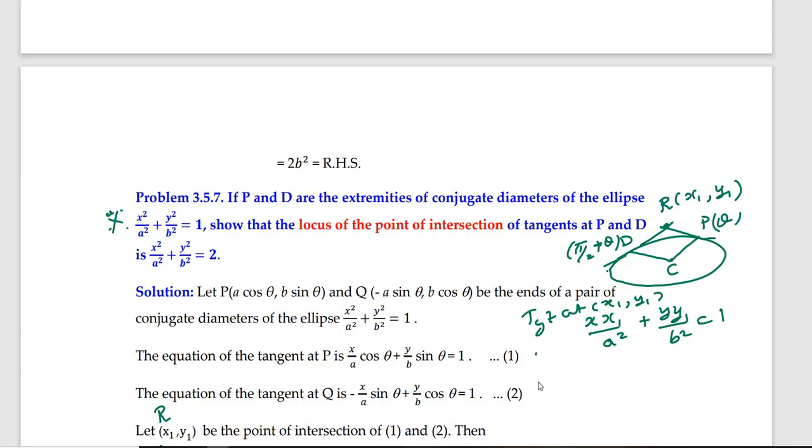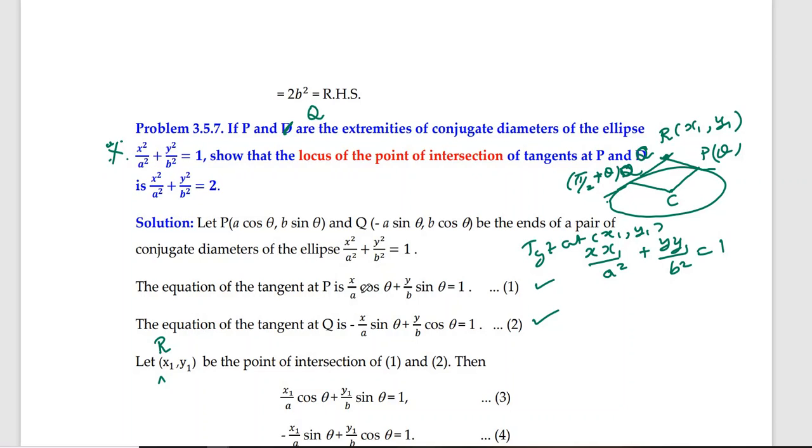So we have these two equations. So we have written the equation of the tangent at P and D, rather P and Q, since throughout we are using Q, here in this statement we will change it to P and Q. So the tangents at P and Q. Nothing wrong, it's only a notation.